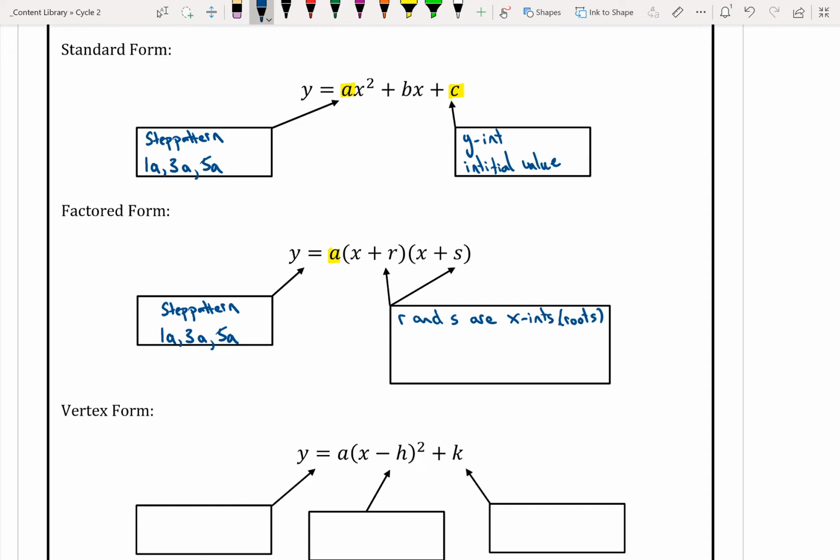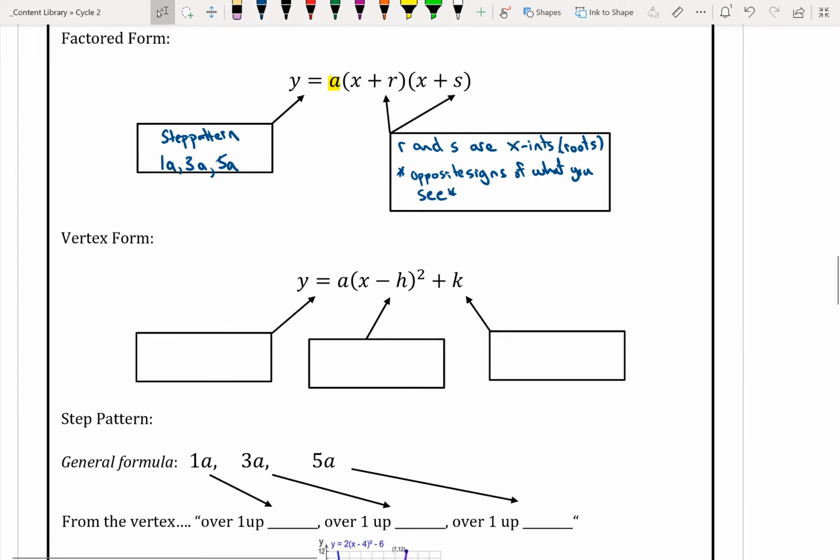One thing to keep in mind, though, you may want to note this: opposite signs of what you see. So if you see an equation where there's a positive R and a positive S, in actuality, it means it's a negative value, so it's a negative x-intercept. And again, we'll look more in depth at that.